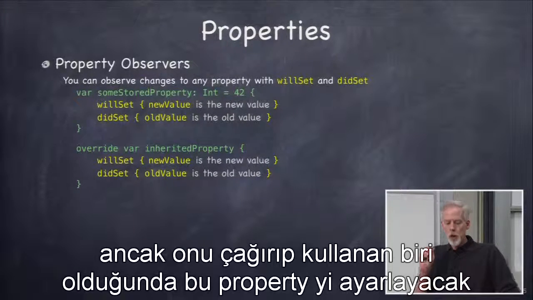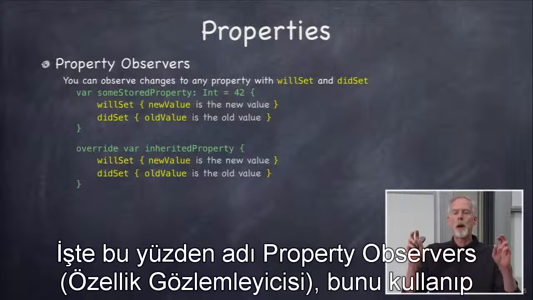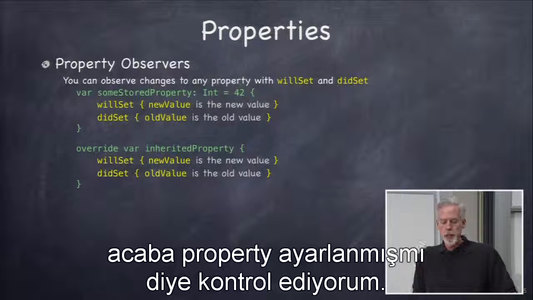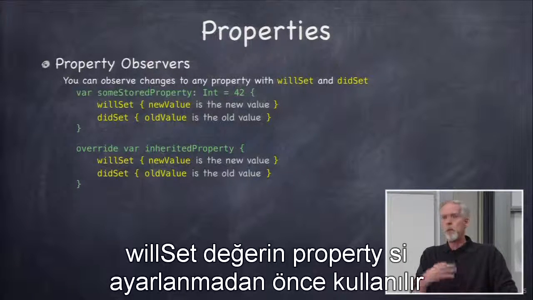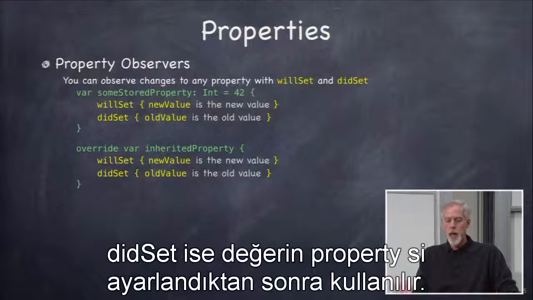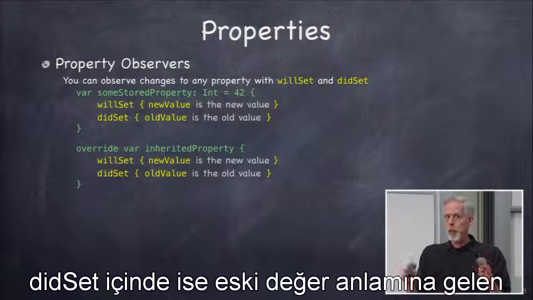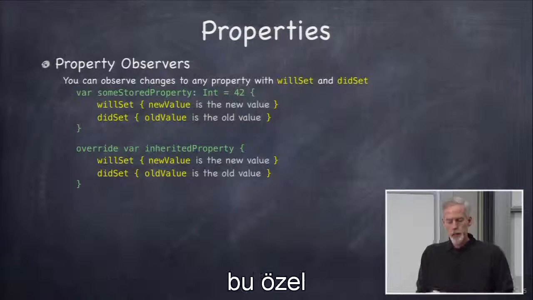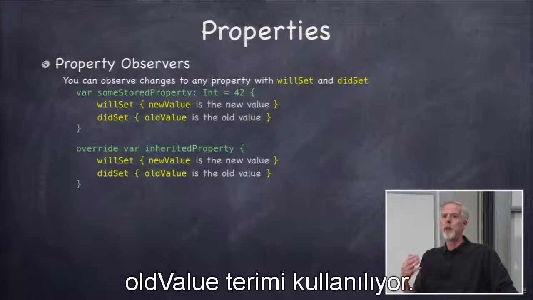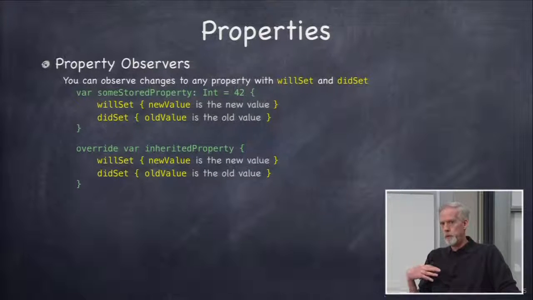They get called when that property gets set by anybody. So it's called a property observer because I'm observing, with this code, that this thing is being set. And the willSet is called right before the property's value gets set, and the didSet right after. And inside the willSet, you've got this special variable called newValue, which is going to be the new value that's going to be set. And then inside didSet, you've got this special thing called oldValue, which is the old value.